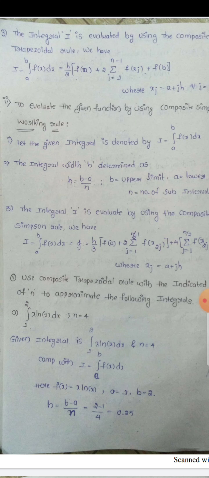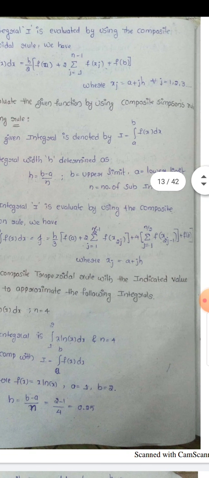We have I equals the integral a to b f of x dx equals h by 3 into f of a plus 2 into the summation j equals 1 to n by 2 minus 1 of f of x2j plus 4 into the summation j equals 1 to n by 2 of f of x2j minus 1 plus f of b, where xj equals a plus jh.